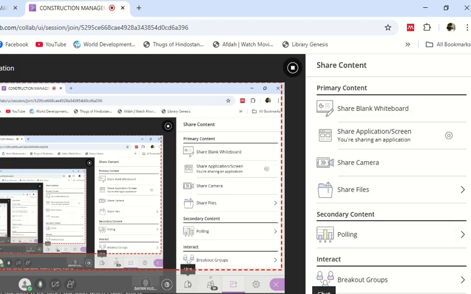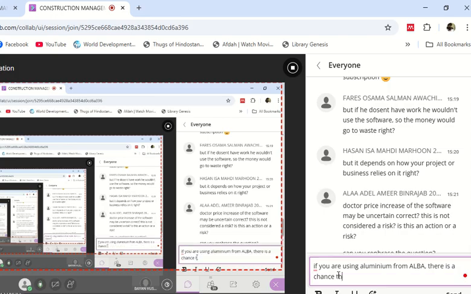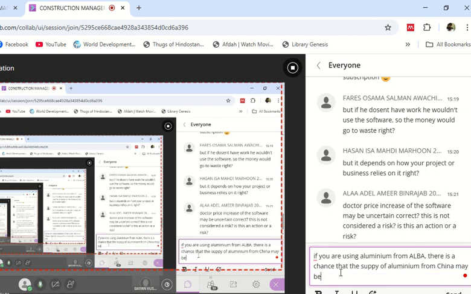I'll just write the question. Okay, it's a long question. If you are using aluminium from Elba, there's a chance that the supply of aluminium from China may be stopped.